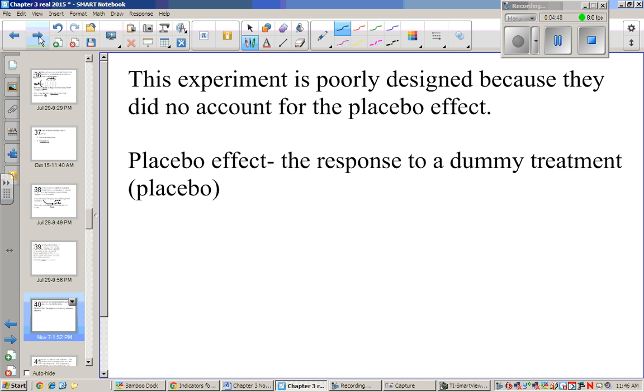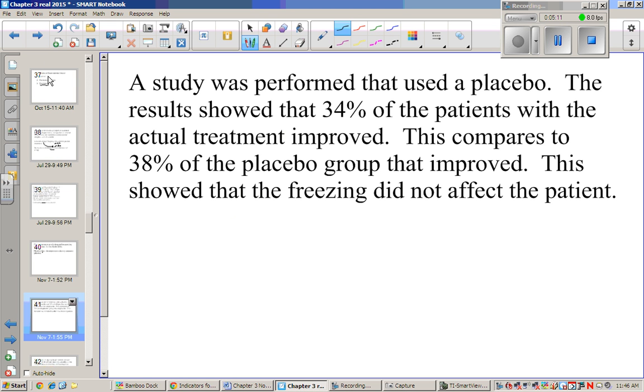The study did not have a placebo. So they just did the surgery and pumped this fluid in, and the people felt better afterwards. Whenever you're running a study like this, you have to do a placebo effect because there are many variables that aren't being controlled. And so what we would do is we would hook people up, and you do everything the same, but some people just don't get the gastric freezing pumped into the stomach.